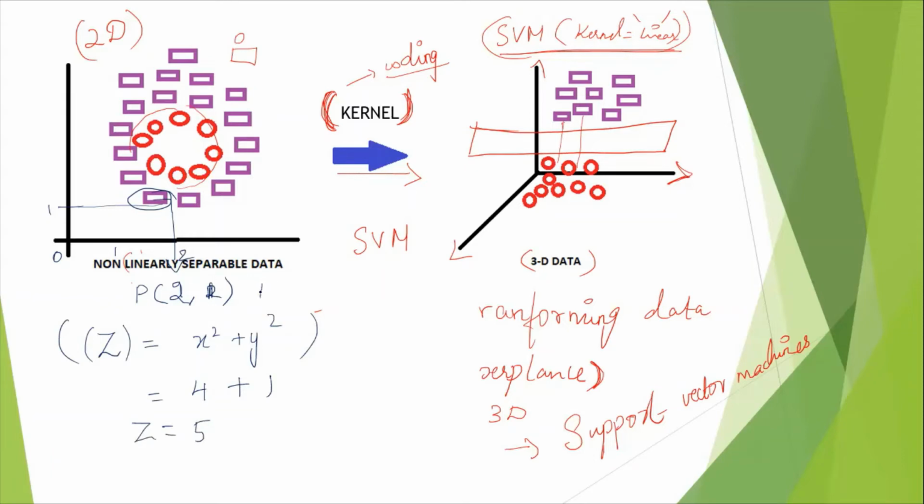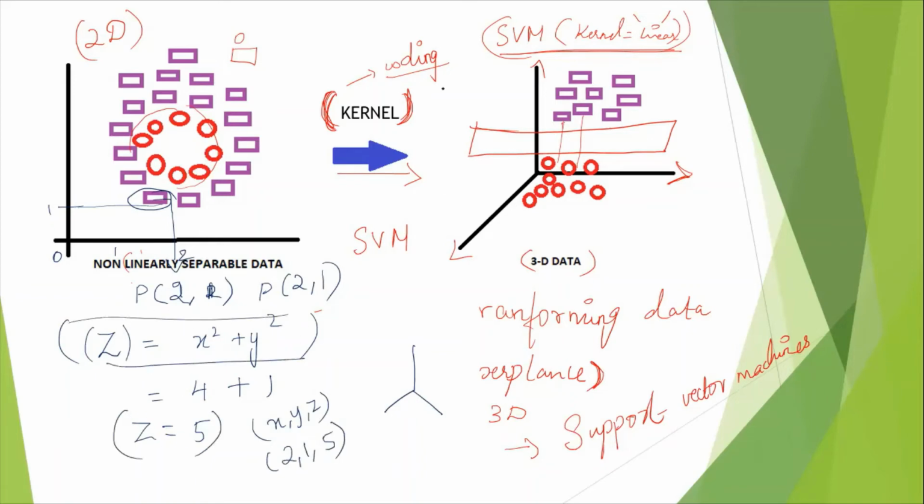Our old point is 2, 1. But our new point that should be plotted in a three-dimensional space will be x, y, z, that is 2, 1, 5. So this way it will form equations and convert it into higher dimensional data.